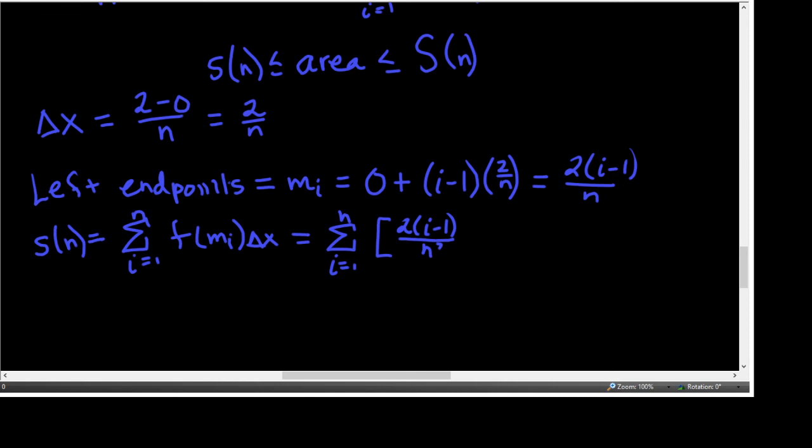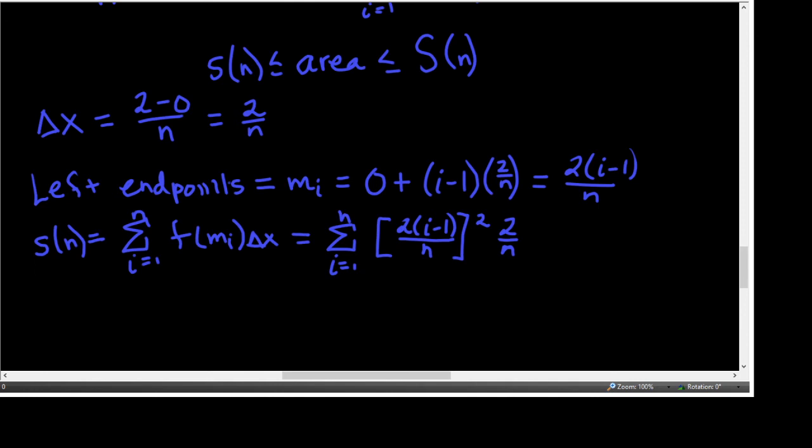Oops, sorry. Didn't mean to write that little blob there. See if I can get rid of it. Yep. Okay, so that's our x, and our function is the squaring function, so that squared is the height of our rectangle, times delta x, which is 2 over n.